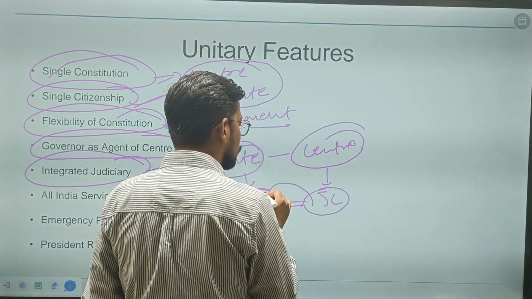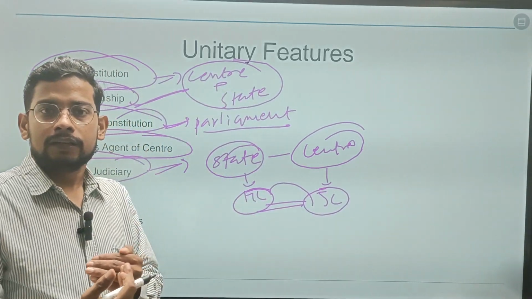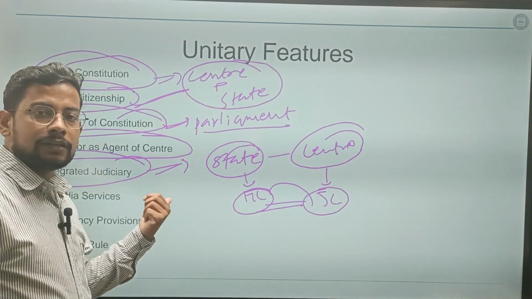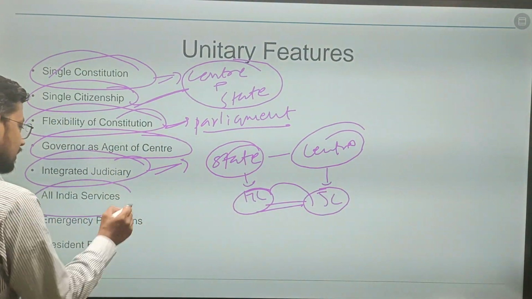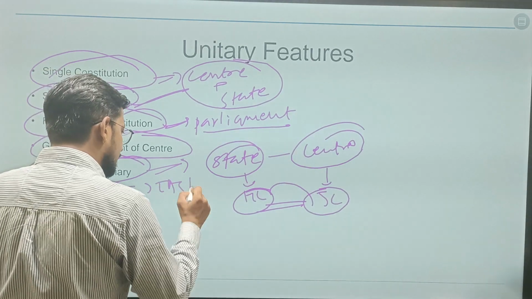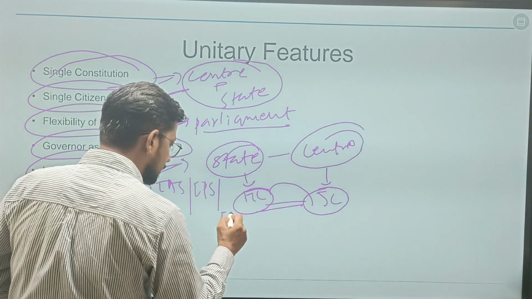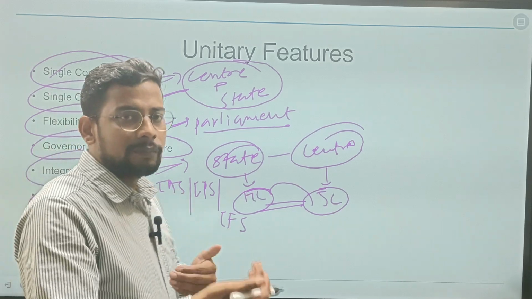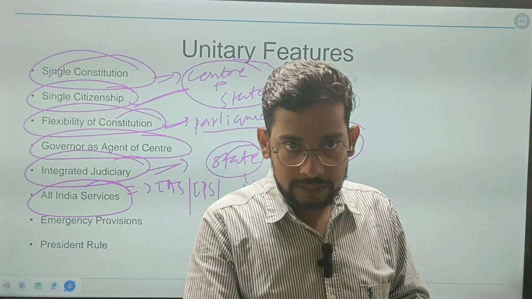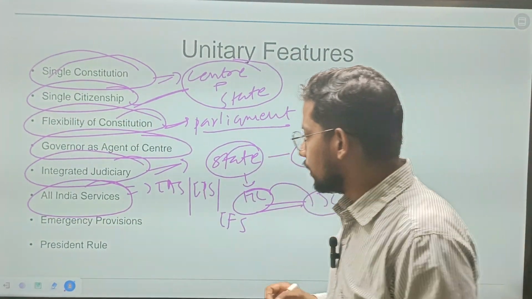The Supreme Court is above the high court. So this also makes our constitutional features unitary. Then all India services, IAS, IPS, IFS, are recruited by the center, but they work in the state. So this also makes our constitution unitary.